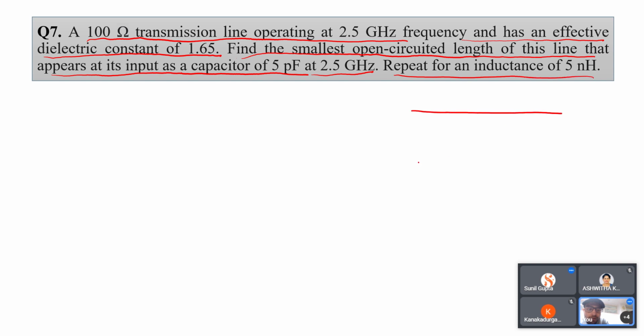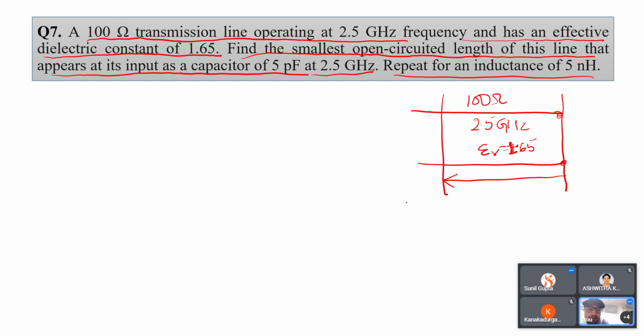If you have a transmission line whose characteristic impedance is 100 ohm, operating at 2.5 gigahertz, having a dielectric constant of 1.65, you have to obtain the length of the transmission line from the load side where you will get the input impedance the same as the capacitance, that is minus 1 over j omega c, where the value of c is 5 picofarad.